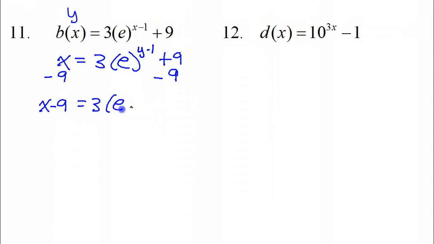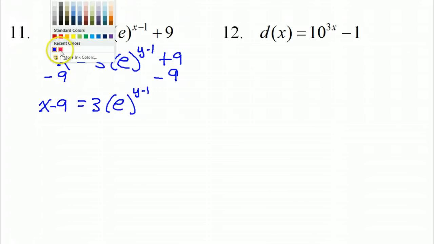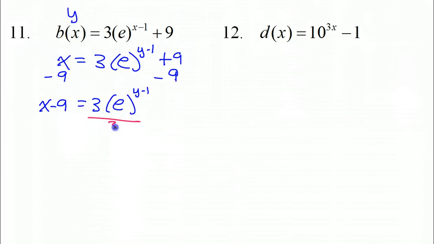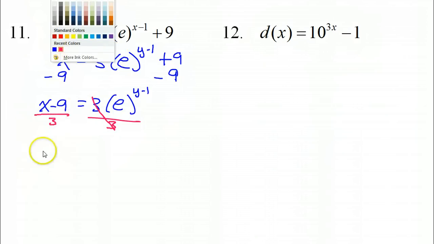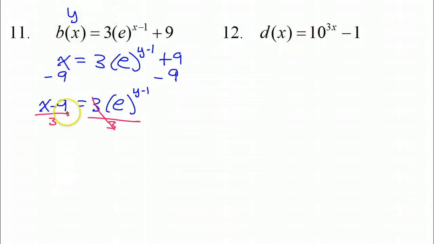Now we have to get rid of the 3, so let's divide both sides by 3. So that's x minus 9 over 3 equals e to the y minus 1 power.